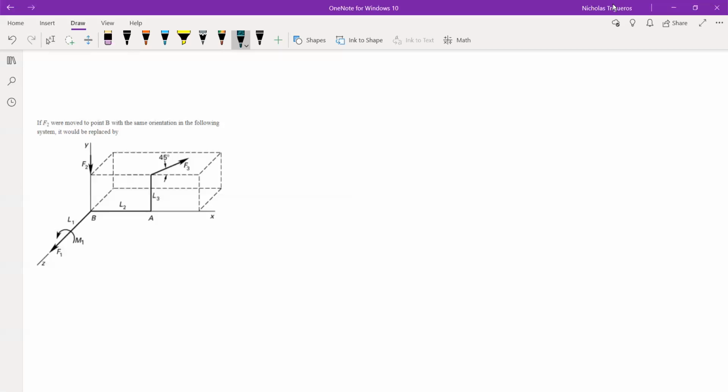I'll show the correct answer. But we have 4 choices. This thing could be replaced by a force only, a clockwise moment only, or a force and a counterclockwise moment.